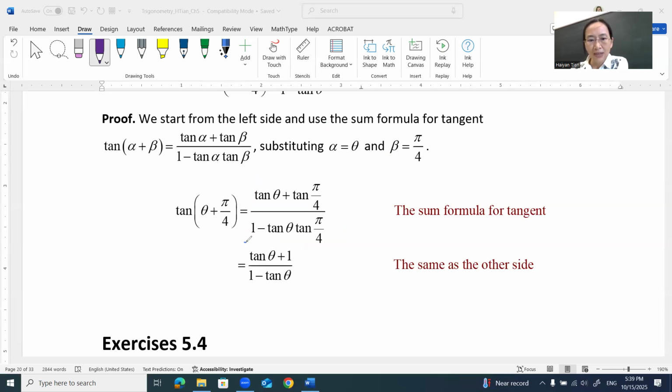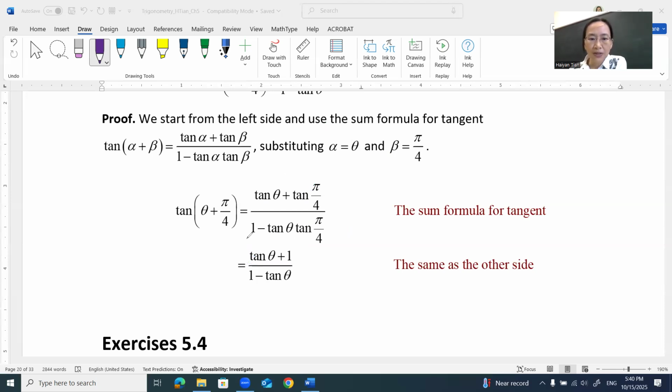But we notice tangent pi over 4 is 1. So that is easy, because 1 times anything is still that value, right? Tangent theta times 1 is still tangent theta. So numerator becomes 1 plus tangent theta.